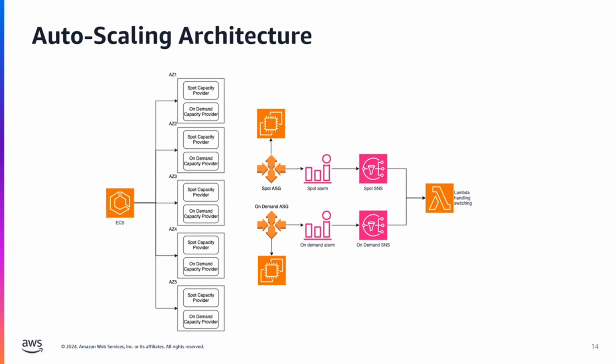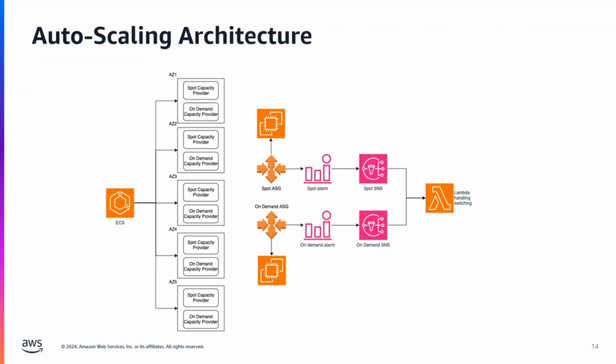This is something we had to find a workaround for, which we found by splitting the solution into a per AZ setup. What you see here is each of the availability zones has its own spot and on-demand capacity provider, which is on the left side. And then the right side, I just didn't want to replicate it 5 times, but this is what each of the AZs have. And what I was just talking about is presented here.